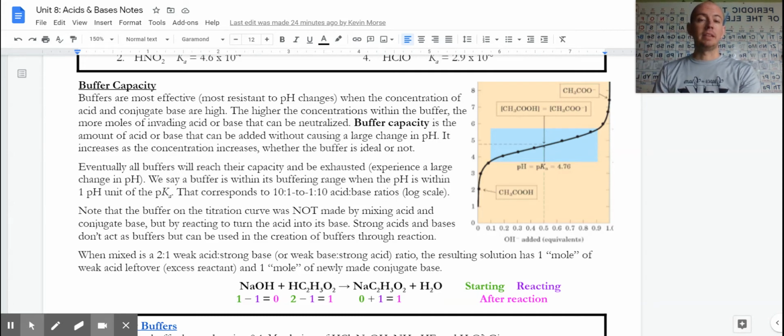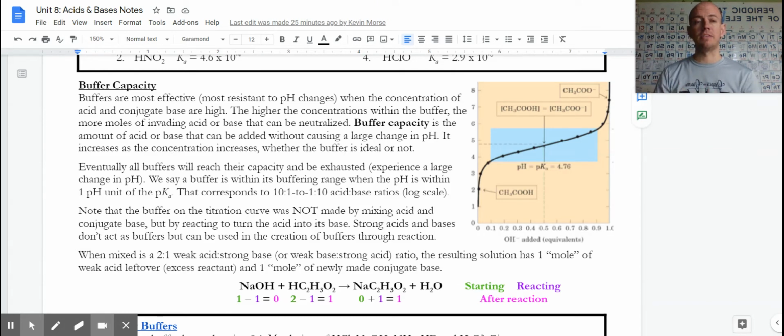The first time in these notes that we saw the phrase buffer and buffering is when we were looking at titrations. There were a lot of key features: the initial pH, the pH at the equivalence point. But a key place in all titrations was when we were at the half equivalence point, the pH equal to pKa, and the amount of acid was equal to the amount of conjugate base.